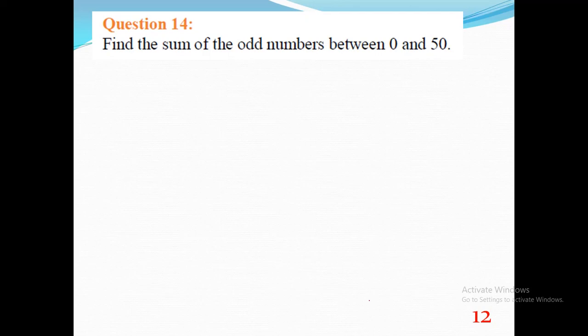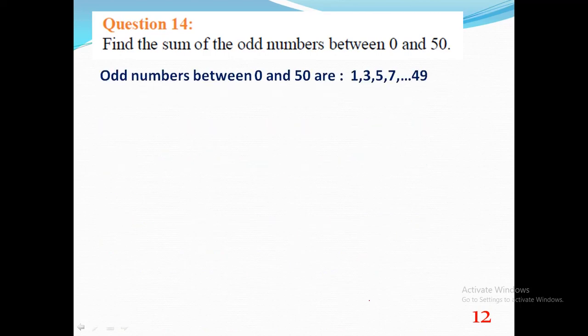And you can also go back to 8th class, where certain concepts related to odd numbers are covered. Now let us see this one. Odd numbers between 0 and 50 are 1, 3, 5, 7, etc. The last number would be 49. So how many odd numbers are there between 0 and 50?